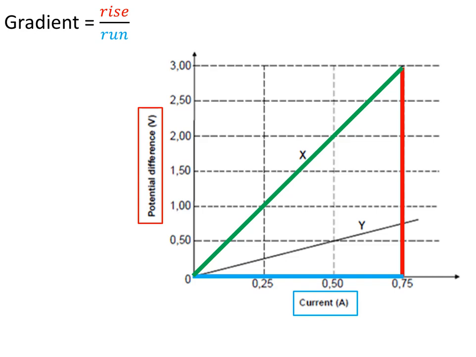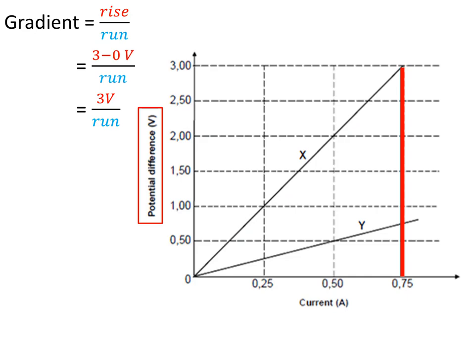We can use any triangle to get the same answer for X's gradient, since X has a constant gradient. It's a straight line graph. But the easiest triangle to use is probably the largest one, and so let's use that one. For that triangle, Y final is 3 volts and Y initial 0 volt. So rise, change in Y, is 3 minus 0 equals 3 volts.